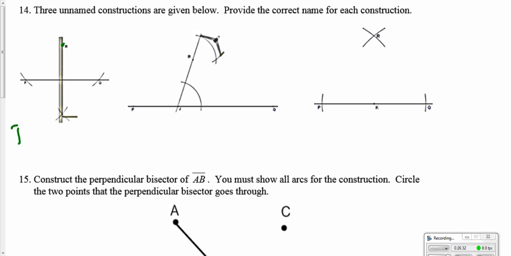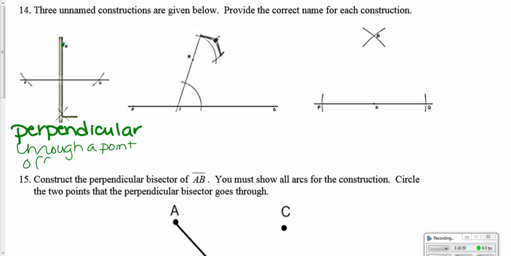So this is our perpendicular through a point off the line. All right. If we were to complete the second construction, this is what we just did. This is our parallel line construction.